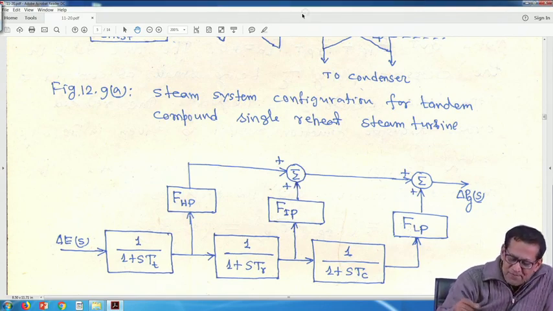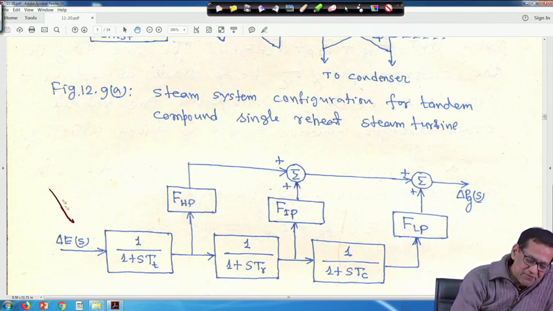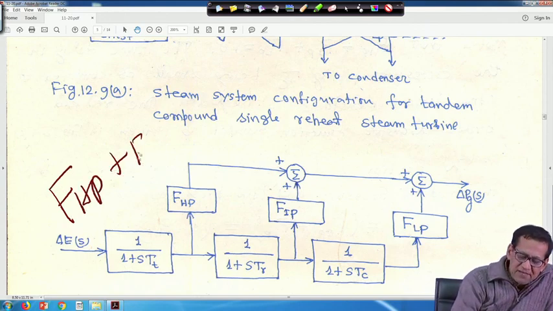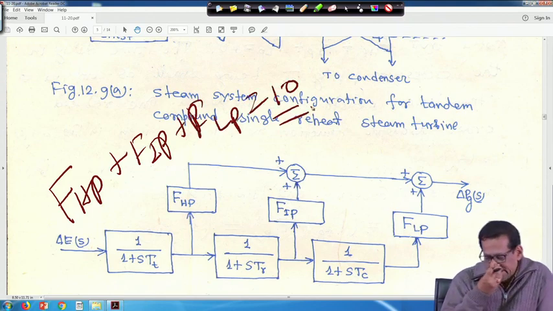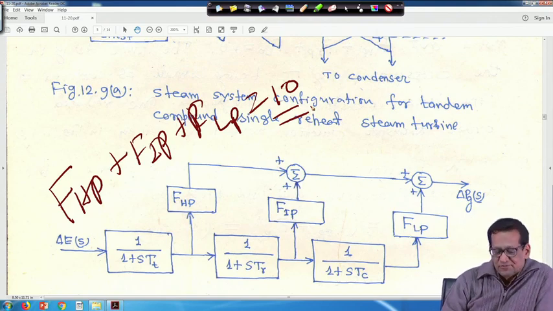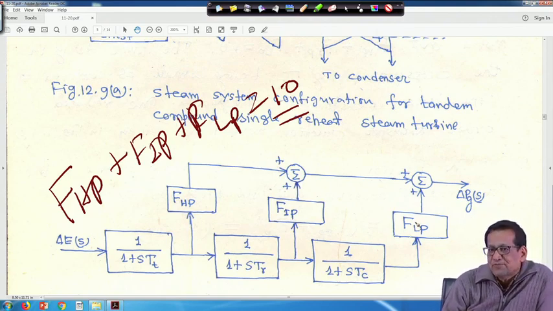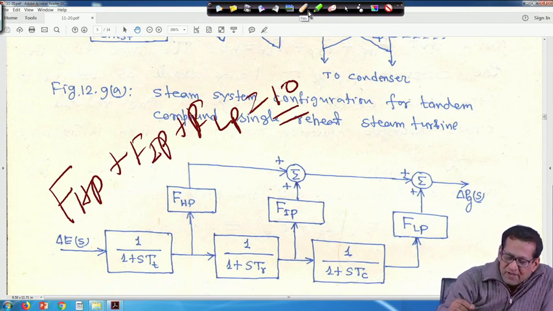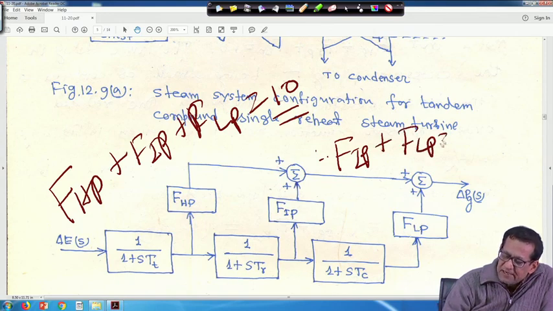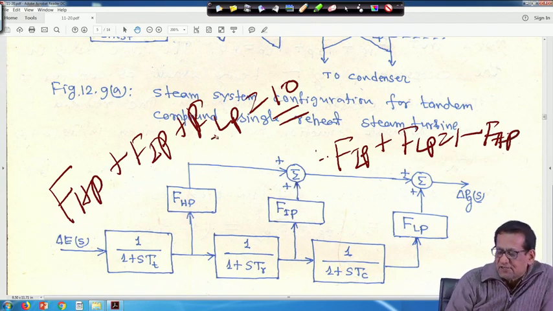So, in per unit, FHP plus FIP plus FLP is equal to 1.0. These three, if you sum them up, give 1.0. Now, we can write FIP plus FLP is equal to 1 minus FHP, right, from this equation only.